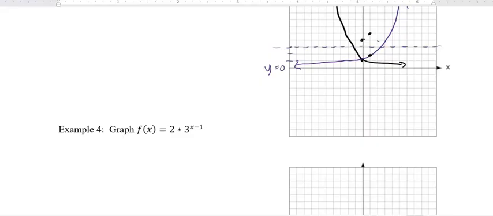That's a little off. The purple should be here, and then we're moving up 3. 1, 2, 3. So there's a little bit better graph of my transformed function.